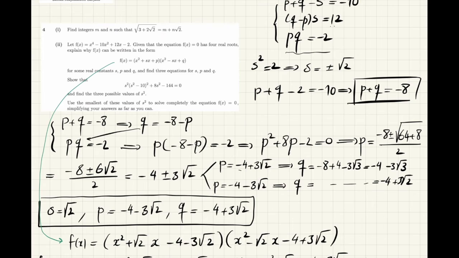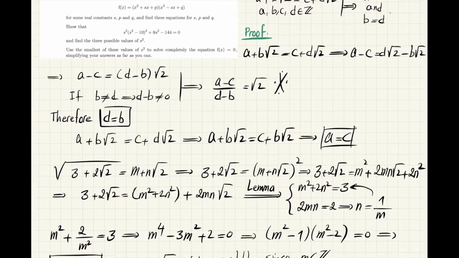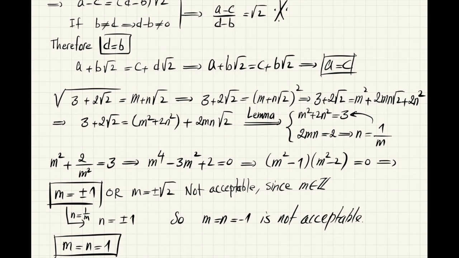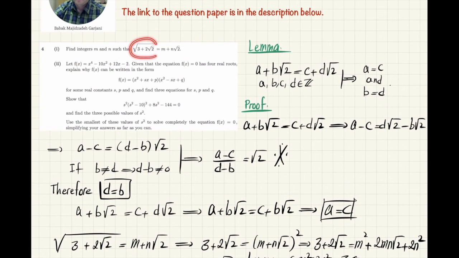And if you remember, let me go back. Here we were able to find that m is equal to n. So this means that this expression is 1 plus the square root of 2. Yes?